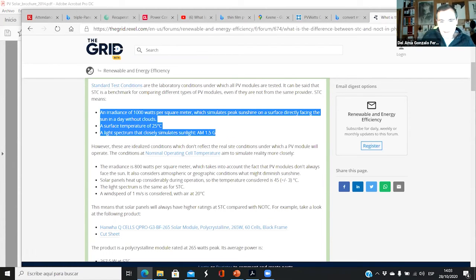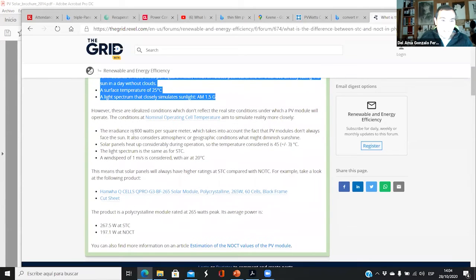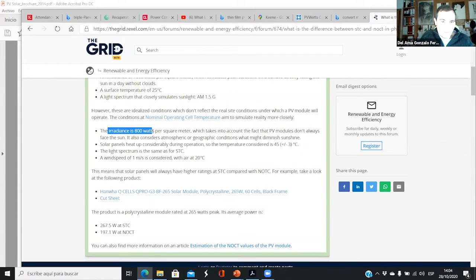So if we select this maximum power under STC conditions, this is very unlikely. We are deceiving our client and we are deceiving ourselves because this is not true. So that's why I would rather use the NOCT conditions. Why? Because in these conditions the irradiance is lower, the temperature is different, and we have wind speed.